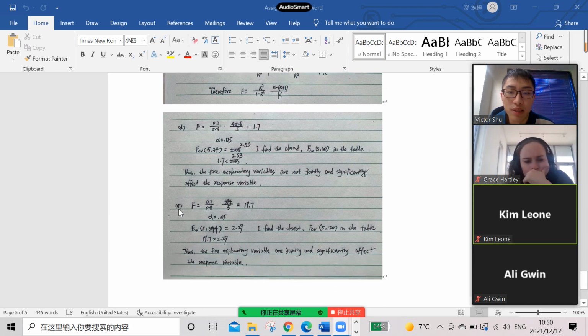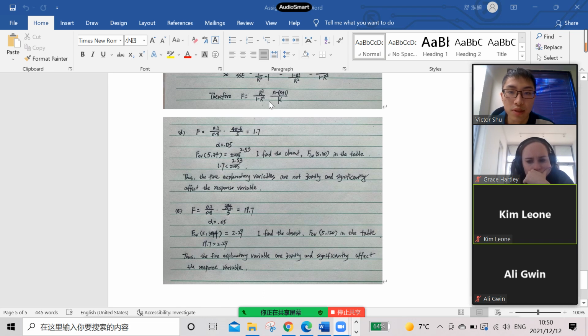And again, one example in part E. The difference between part D and part E is just that instead of 40 observations, I have 400 observations. So what's changed is in the formula of part C, the n minus k plus 1.